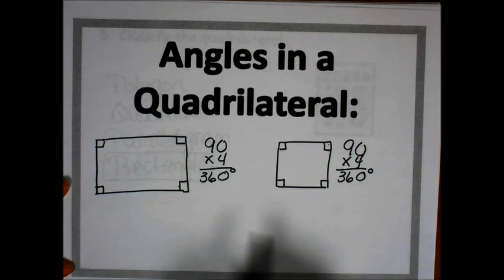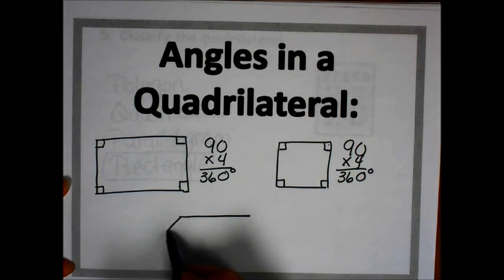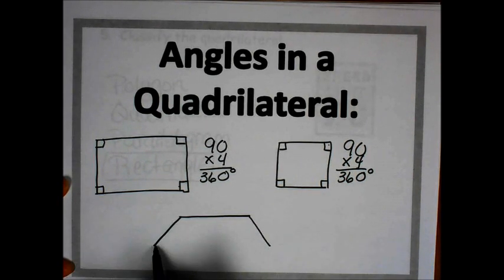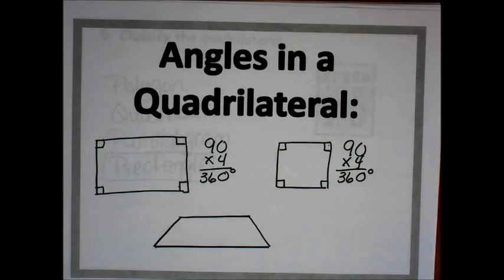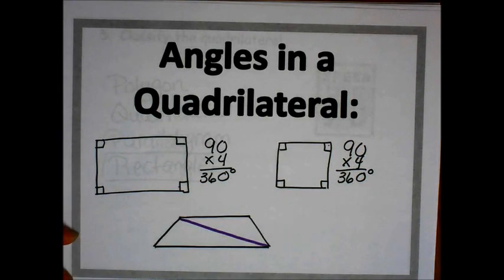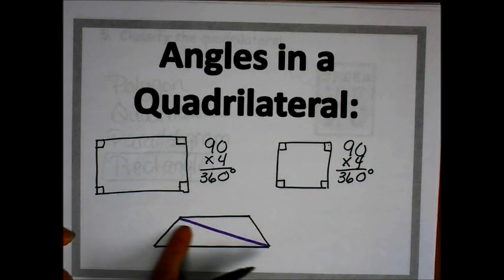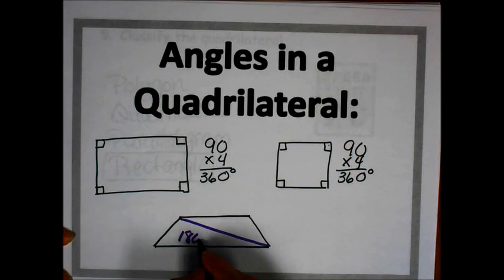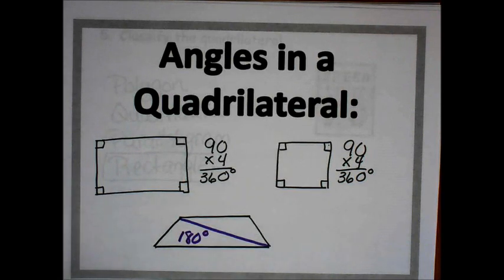Here's another way that might help you. I'm going to draw a trapezoid, and I'm going to divide that trapezoid in half to form 2 triangles. I know that in this triangle here, that's a total of 180 degrees.